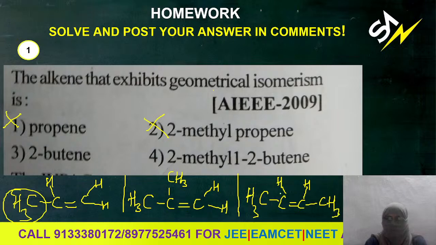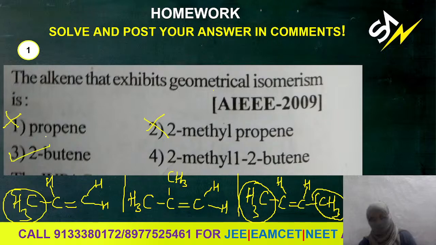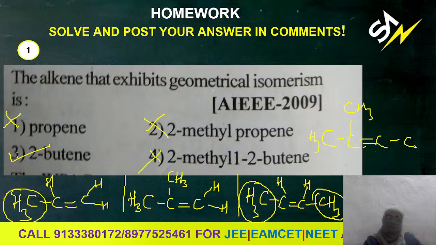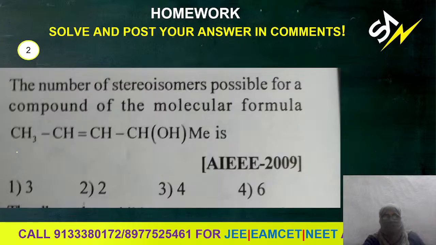In this case, to this carbon I can assign higher priority to this, and on this side, higher priority to this again. That means I can assign the priorities on both sides. That means C, the third option, is going to be the right answer. Let me still check the fourth one, 2-methyl 2-butene. Again, the answer is not going to be the fourth one. The answer is the third one. Hope it is clear why the answer became third.